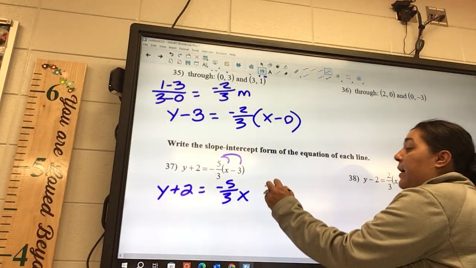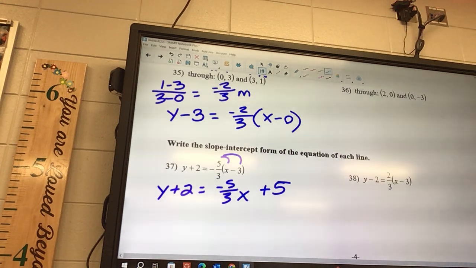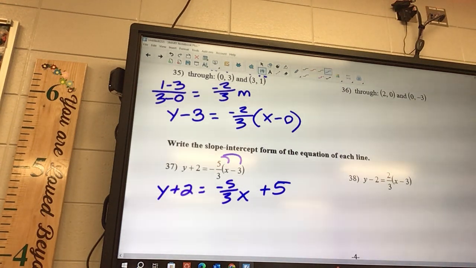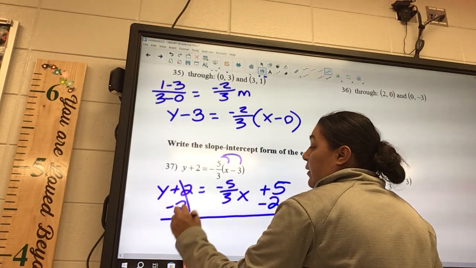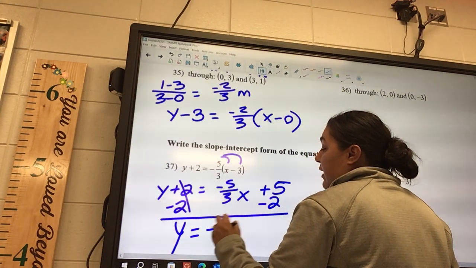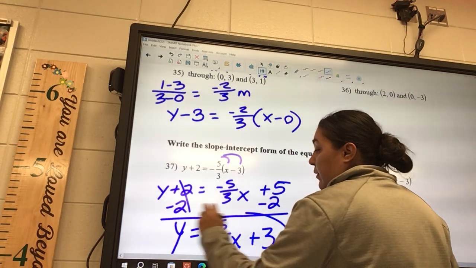Okay, so you should get +5. Okay, so we're always going to distribute and then either add or subtract. Are we going to add or subtract? Subtract 2 from both sides. So we get y equals -5/3x plus 3.